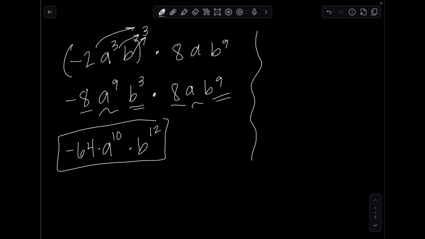But here's the theory. You're taking this negative 2 and you're taking it to the third power. This third power is outside of the parentheses, so every term gets this power. So we can look at it as, there's a term, negative 2, and that gets the power.